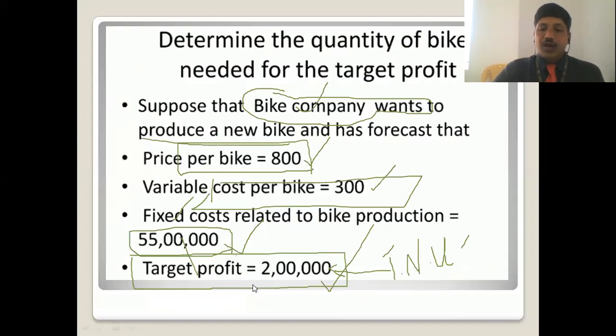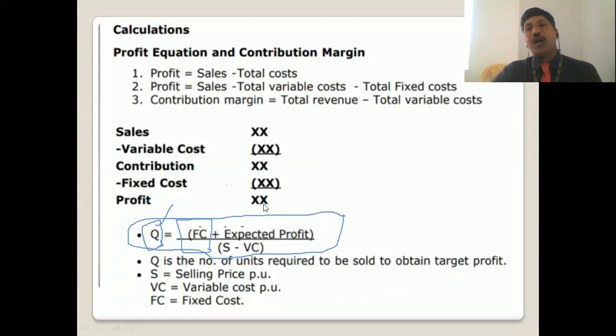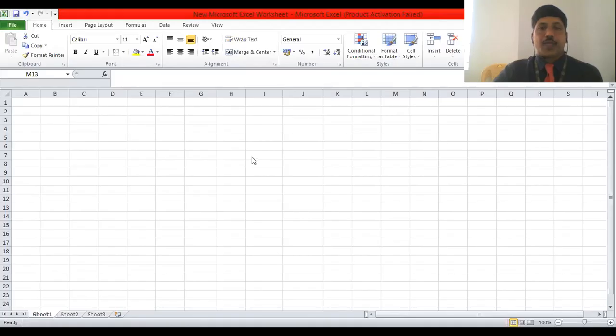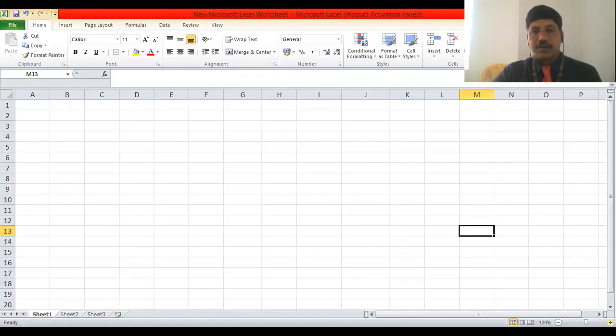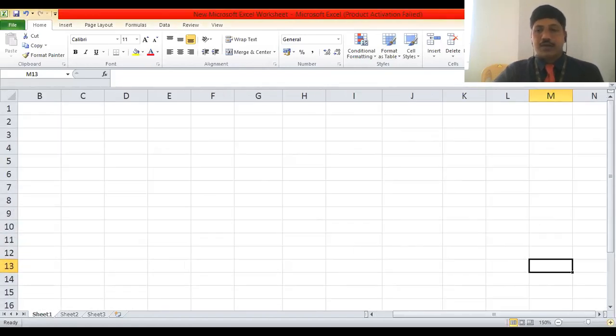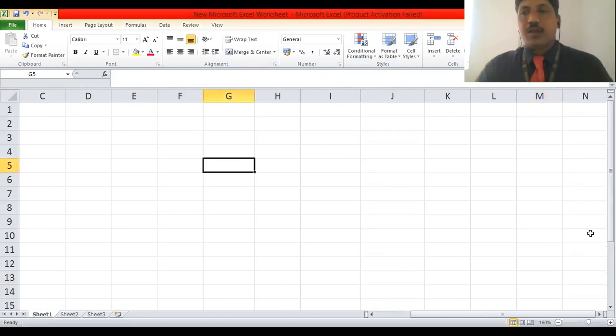Now, what we have to do? We have to use this formula to find out the number of units that need to be produced. Okay. Now first I am writing the formula here.